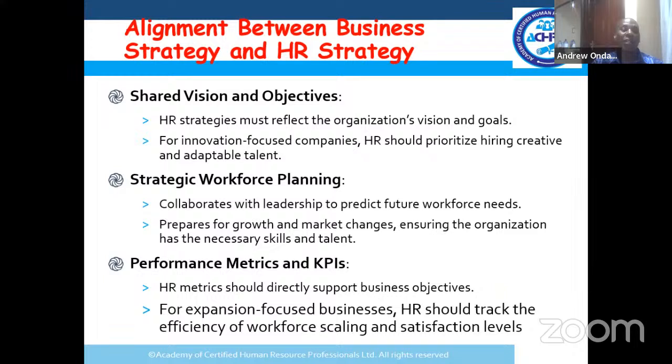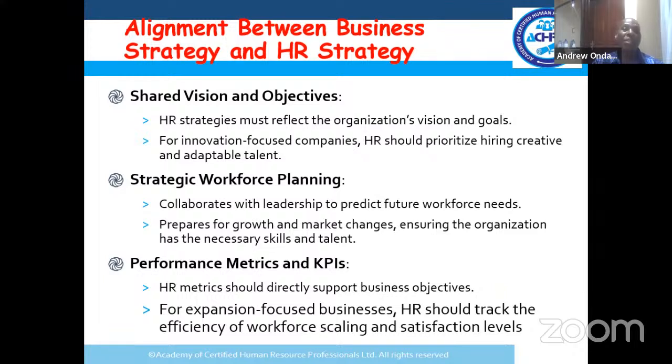And that is why the starting point of all our activities as HR managers is the corporate strategy. And there are several aspects associated with corporate strategy, which HR strategy should be aligned to.